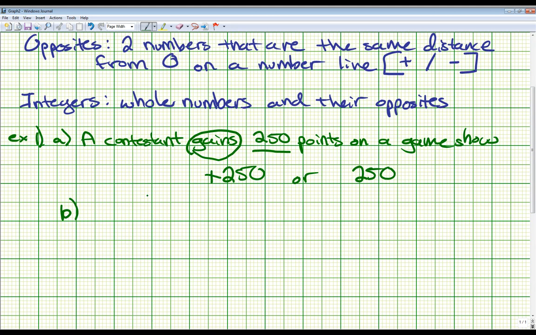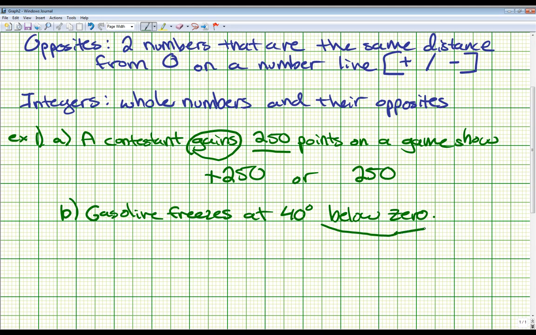And statement B says gasoline freezes at 40 degrees below zero. And again, there is another word in here that helps us determine whether it's going to be positive or negative, and that's below.